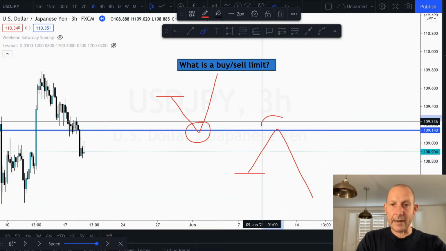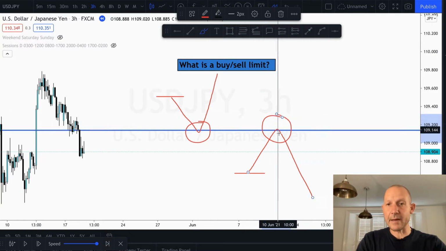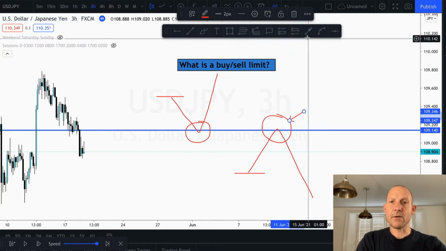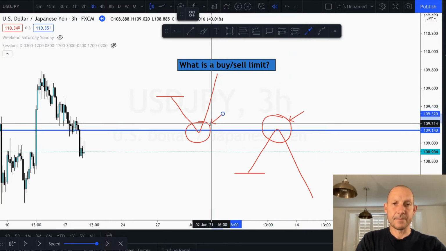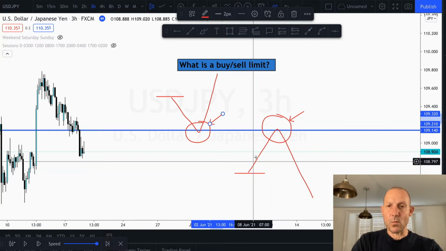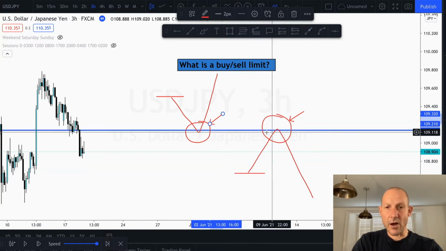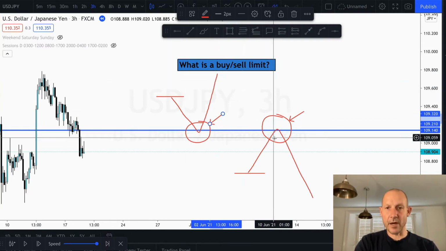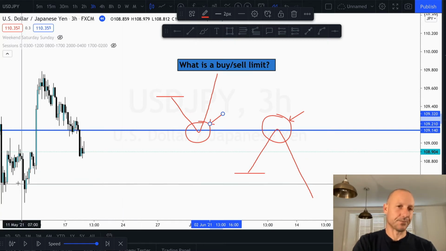What we would do then is set up a sell limit at this point here. So this here is a sell limit and this here is a buy limit. So wherever price is, once it crosses this line or this price, it either gets entered into a buy limit if you're looking to buy or a sell limit if you're looking to sell.